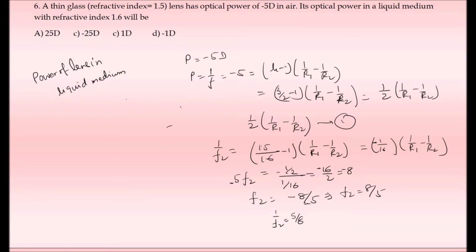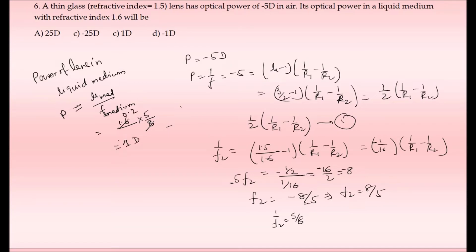So power of lens in liquid medium is P is equal to mu medium divided by F medium. So mu medium is equal to 1.6 and the focal length of that medium is equal to 8 by 5. So from there if you solve it, then we get 1 diopter.